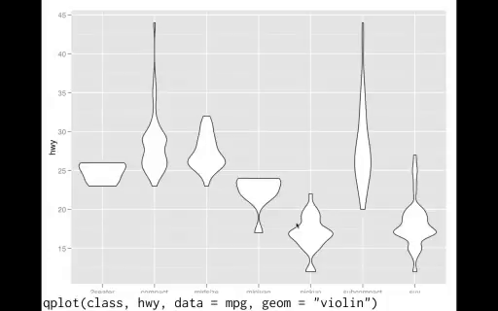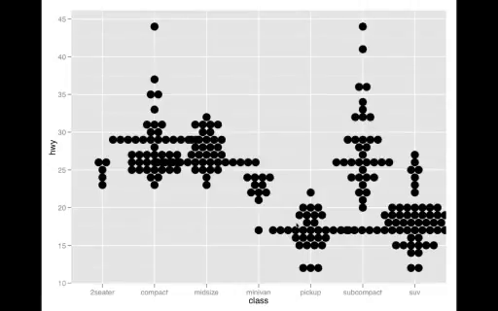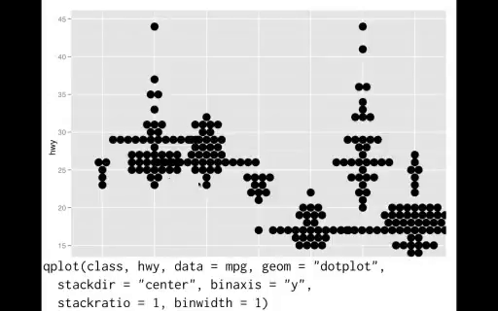It can introduce distortions just because of the way that the smoothing occurs. So an alternative is the dot plot. Here the dots are basically stacked so that they don't overlap each other. Unfortunately, I didn't tweak the parameters quite right in order for the different groups not to overlap. But you can see this certainly makes it easier to see where the majority of the points lie. And it's a very useful type of graphic when you've got a small number of data points.